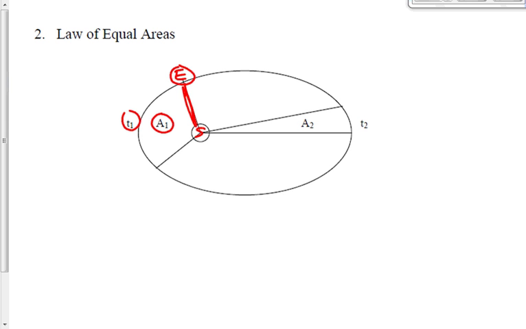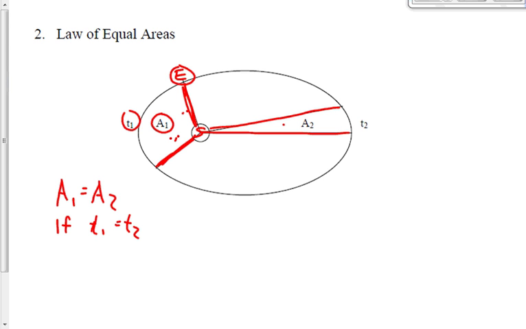So in other words, if we look at the area in here between these 2 red lines, and we look at the area in here between these 2 red lines, those 2 areas will be the same if the 2 times are the same, if T1 equals T2.